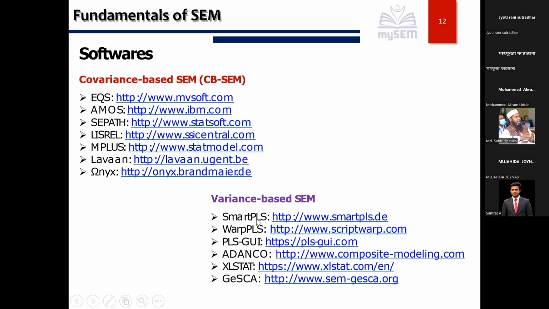I am not expert. I have a little bit of knowledge of SmartPLS because I used it for my PhD data. Recently, I did a whole analysis by myself. Other softwares are also there. You can use any software, but if you ask me which are very popular in these two cases: in CB-SEM, AMOS, and in PLS-SEM or variance-based SEM, SmartPLS.